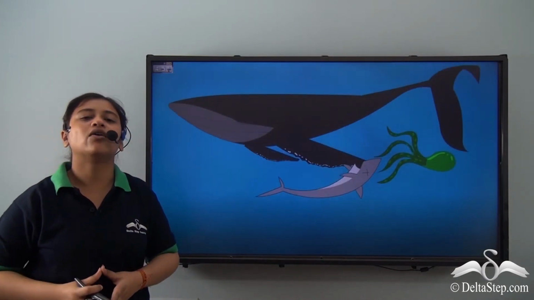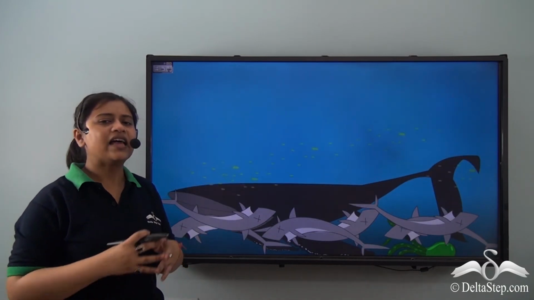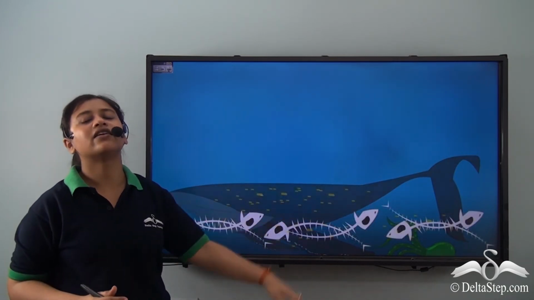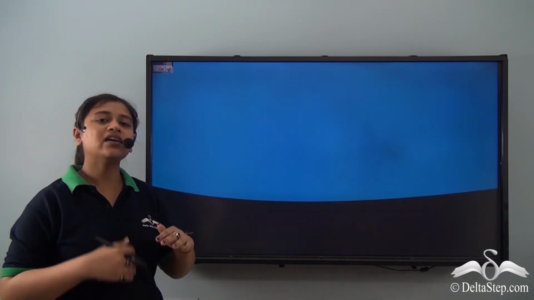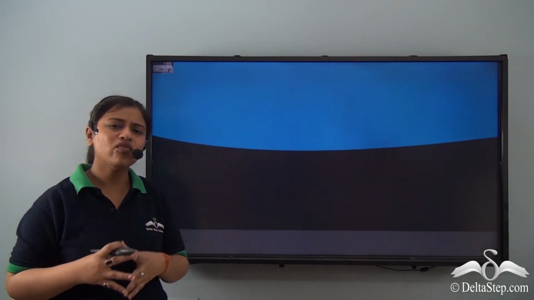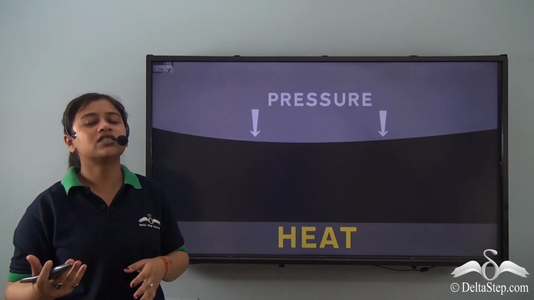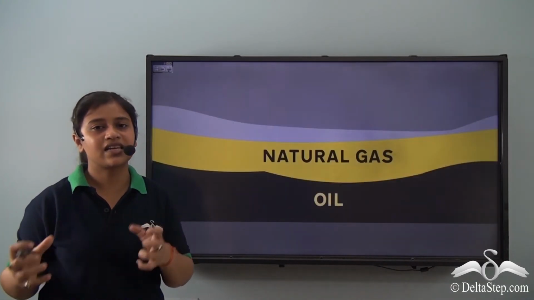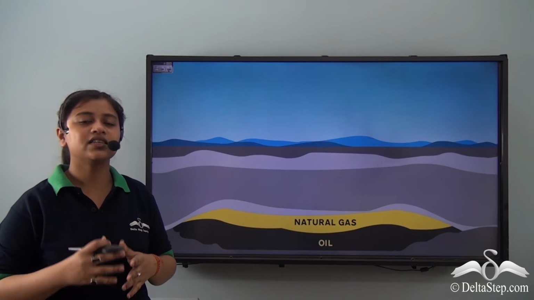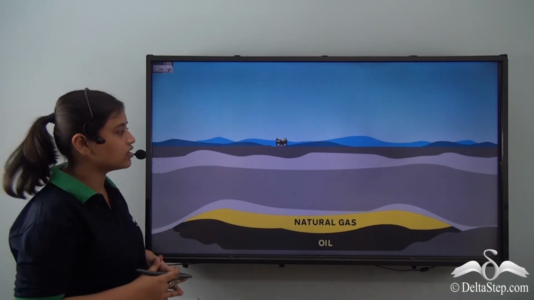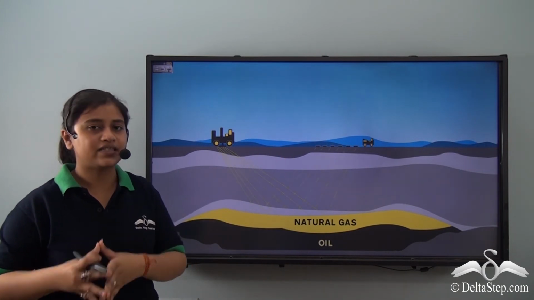Now let's talk about another very important fossil fuel, and that is natural gas. Natural gas is formed in a similar manner to petroleum, where decomposed organic matter gets deposited one after another in layers, and over the years, on receiving heat and pressure from the Earth's surface, it gets converted into a fossil fuel called natural gas. Right? These natural gases are then detected using modern machines and technologies, as you can see here, in a similar manner to how petroleum was detected.